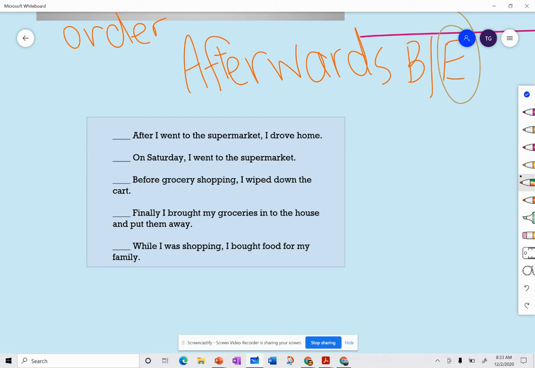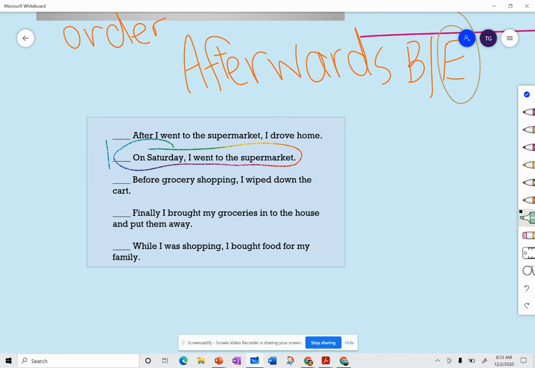Which one does not have a transition word? So if you said, on Saturday, I went to the supermarket, you are correct. Since that does not have a transition word, we know that that's going to be the first event that happened.